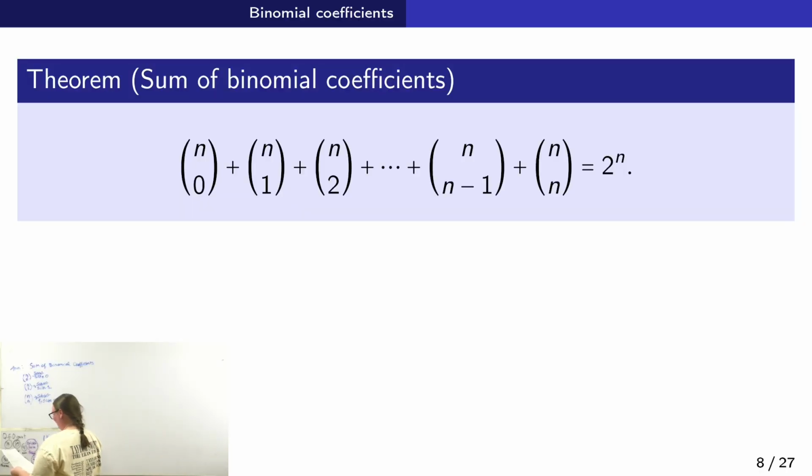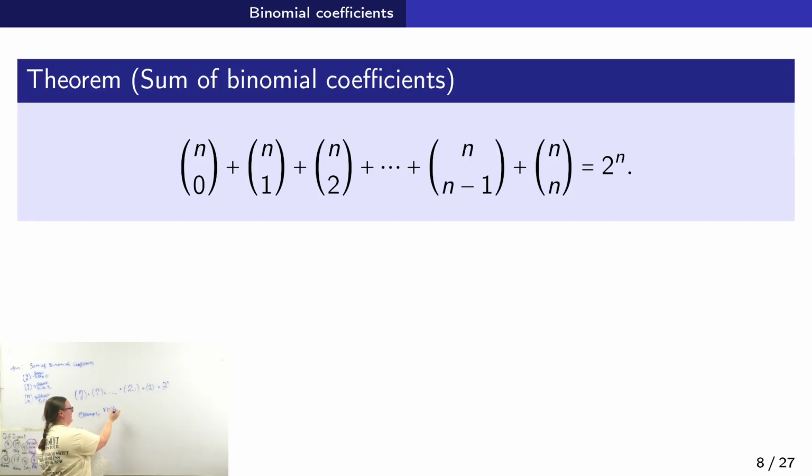So then that will tell us that n choose 0 plus n choose 1 plus ... n choose n minus 1 plus n choose n. If I have n elements with 2 possibilities each, we do in fact get 2 to the power of n.